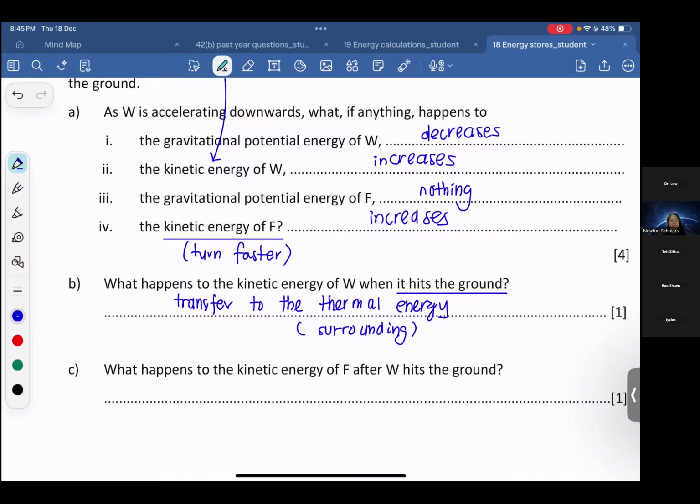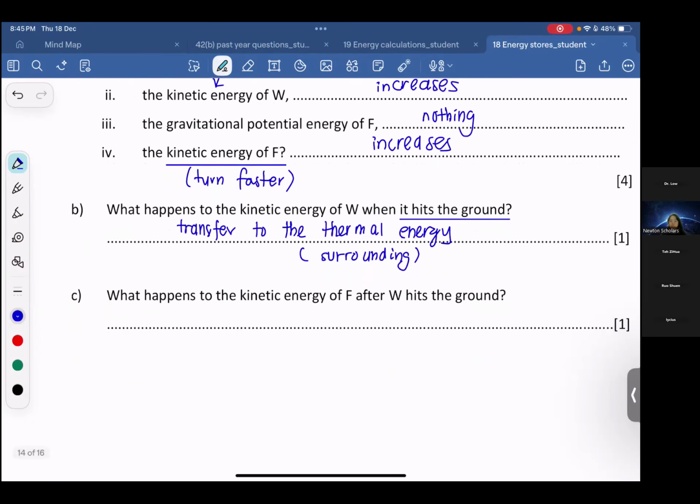What happened to the kinetic energy of F after W hits the ground? Increase, it will become faster, turning faster. After W hits the ground, will F move faster?